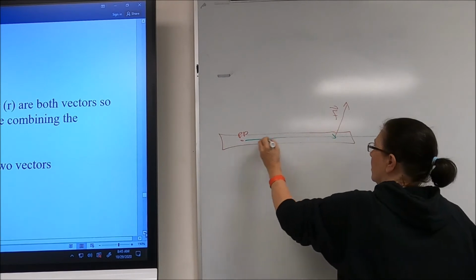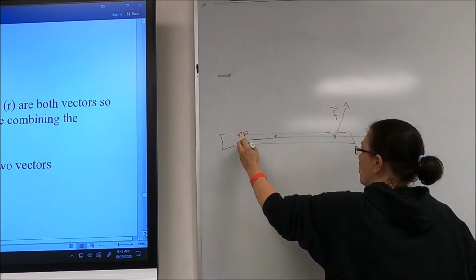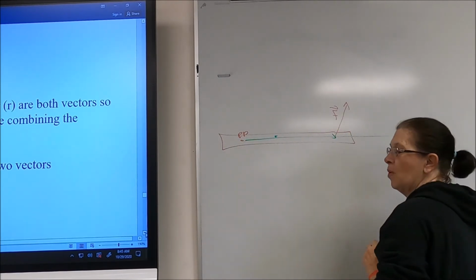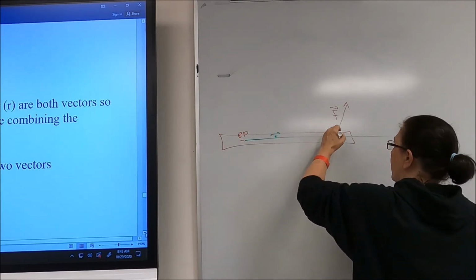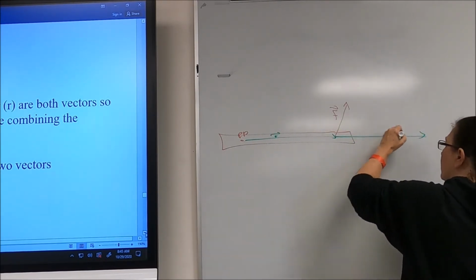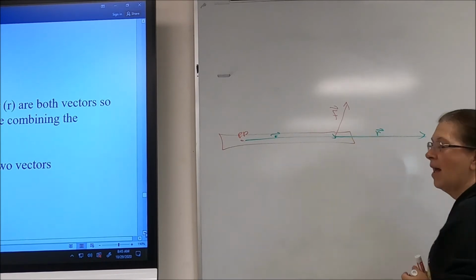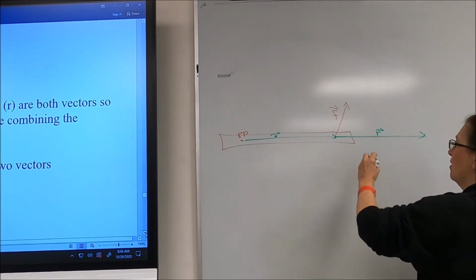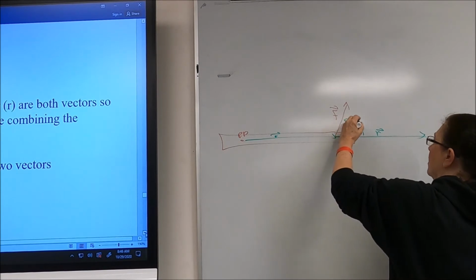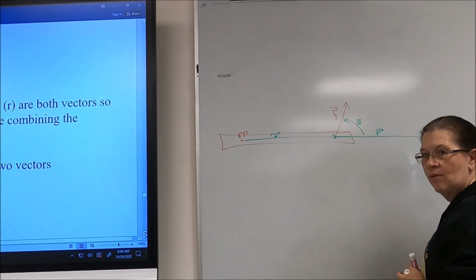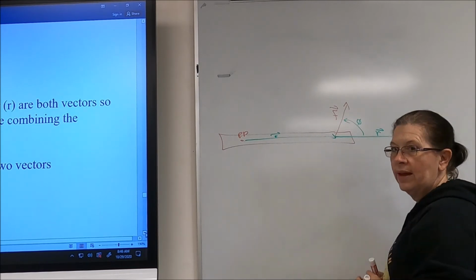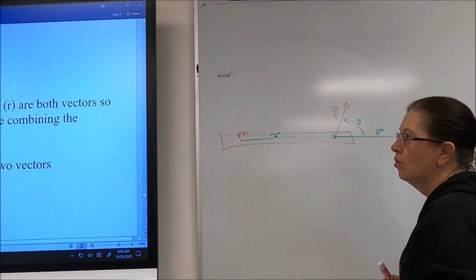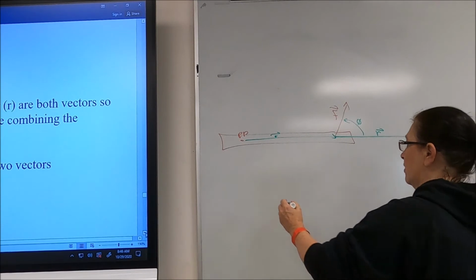Okay? If this is a vector pointing from the pivot point to the point of action, there's my force. R, my extender, is here. There's my angle phi. Okay? We are doing a cross product.